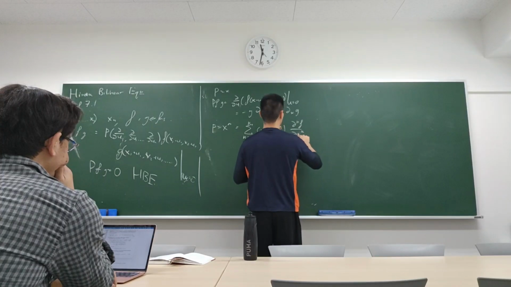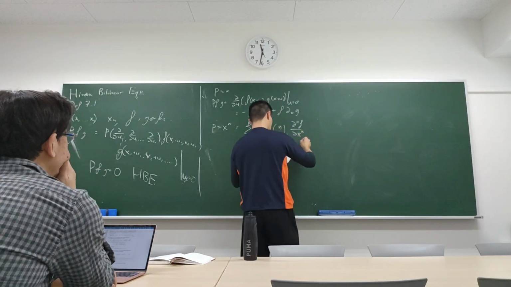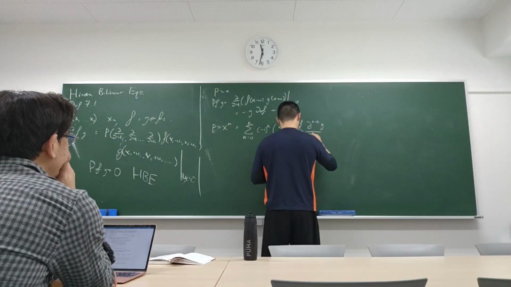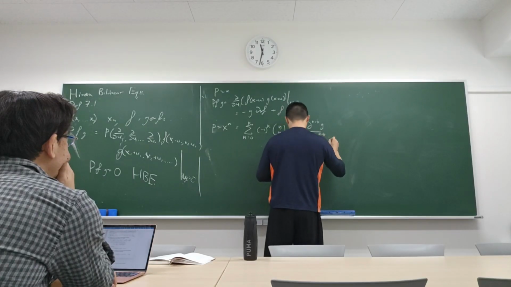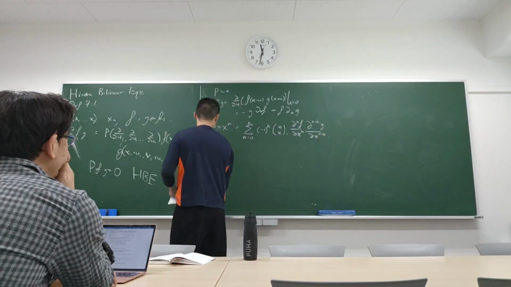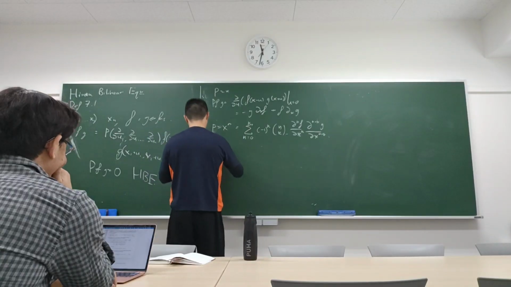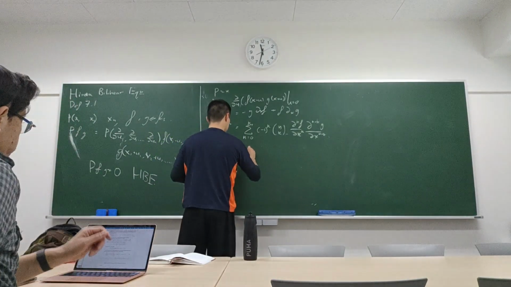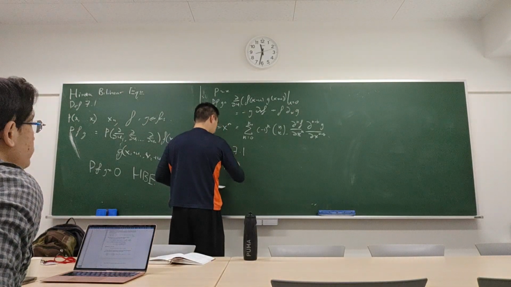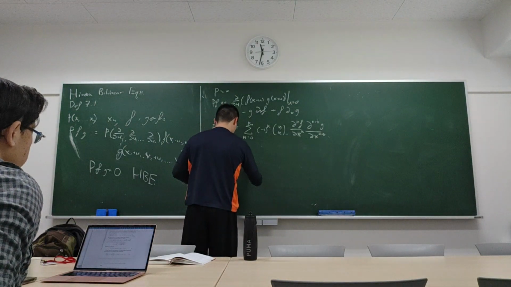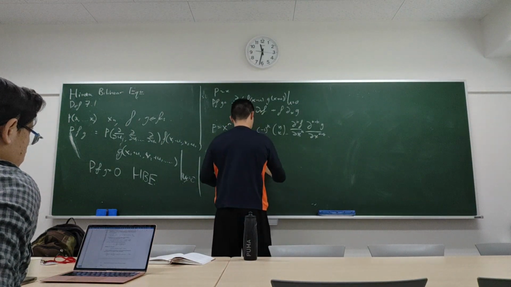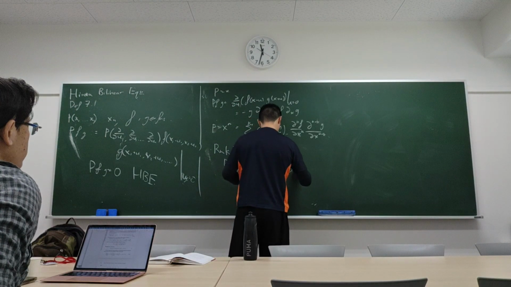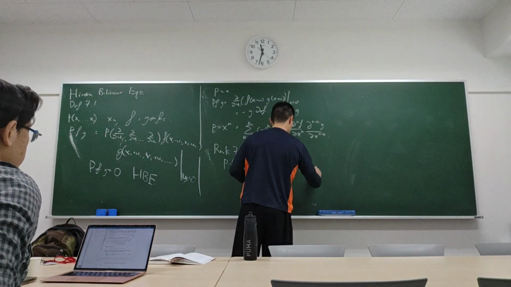Oh, sorry, del x k. So we'll be using this now, and before that, a remark is that pf dot f is equal to 0 if and only if px equals to minus p minus x.